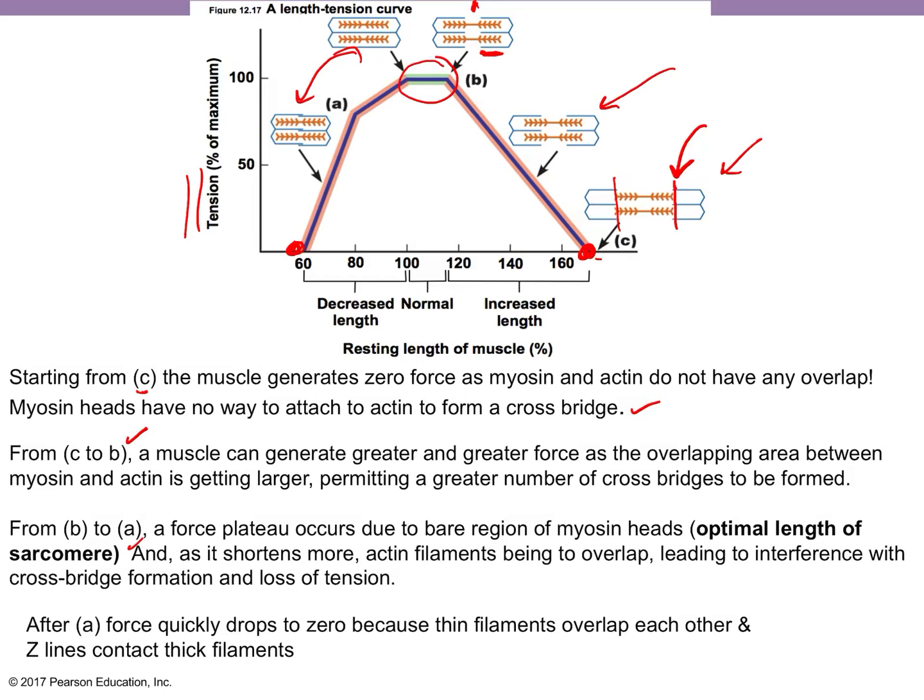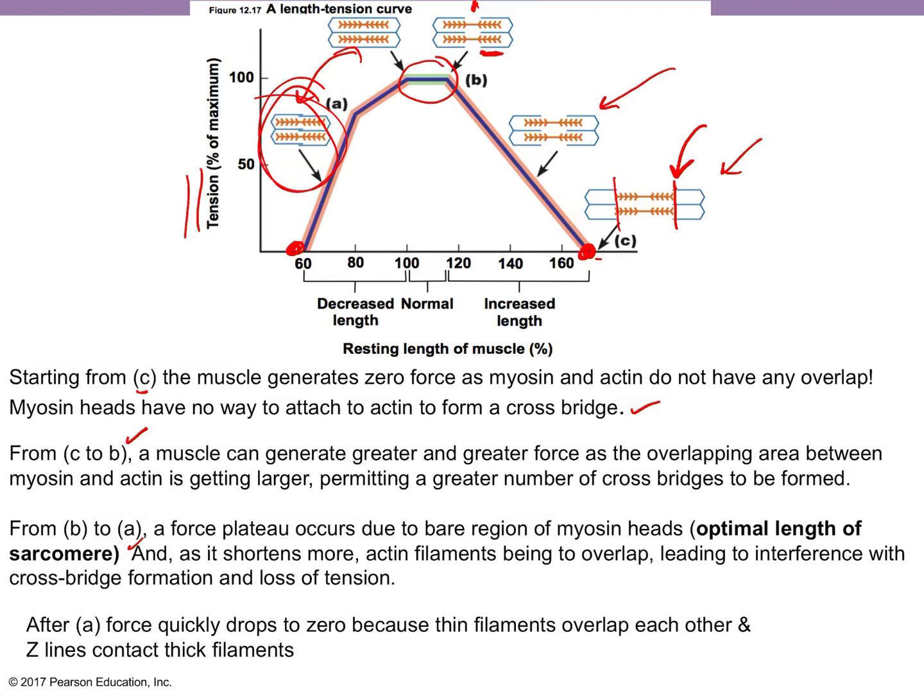You can't pull those Z lines any closer because they're already at the maximum overlap, at least in this picture, right? You're at the maximum overlap. How can you generate more force if there's nowhere to go, if you can't shorten anymore? So that's why this is not ideal as well. You can't generate force, or tension, if your sarcomeres are completely overlapped.